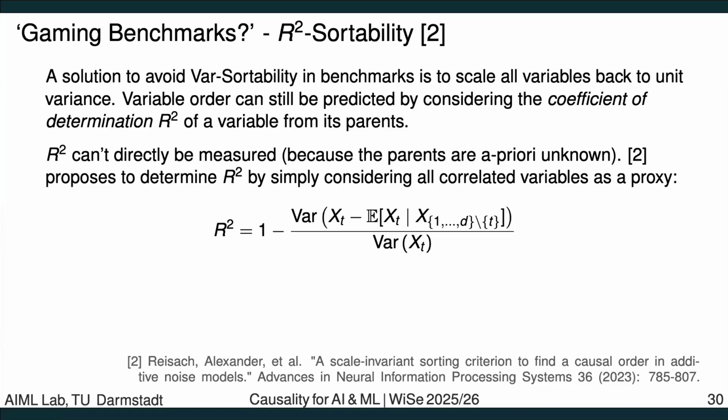But still, we can just go and look at the undirected graph, the skeleton, and take as a proxy all the variables which are related. So there might also be some child variables in there, but in a hand-wavy way, all of that kind of averages out, and we still get an ordering which helps us to figure out the causal order.